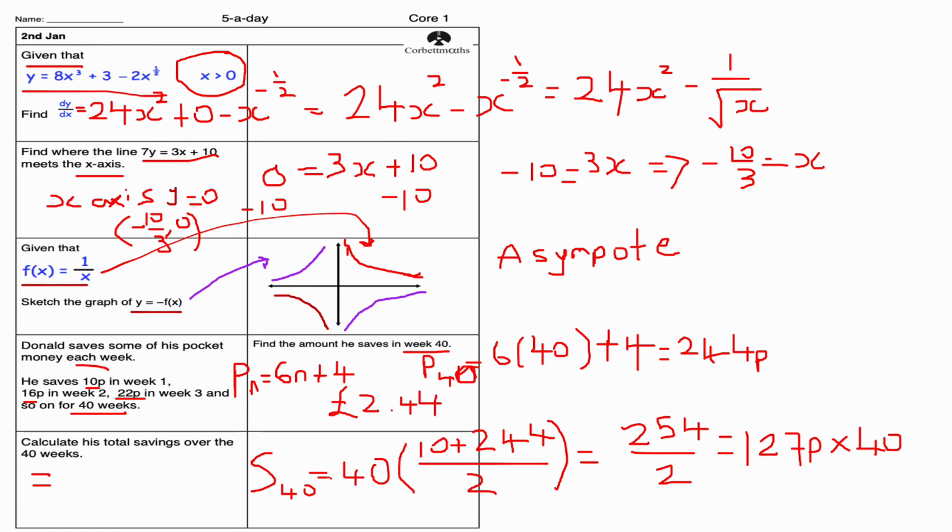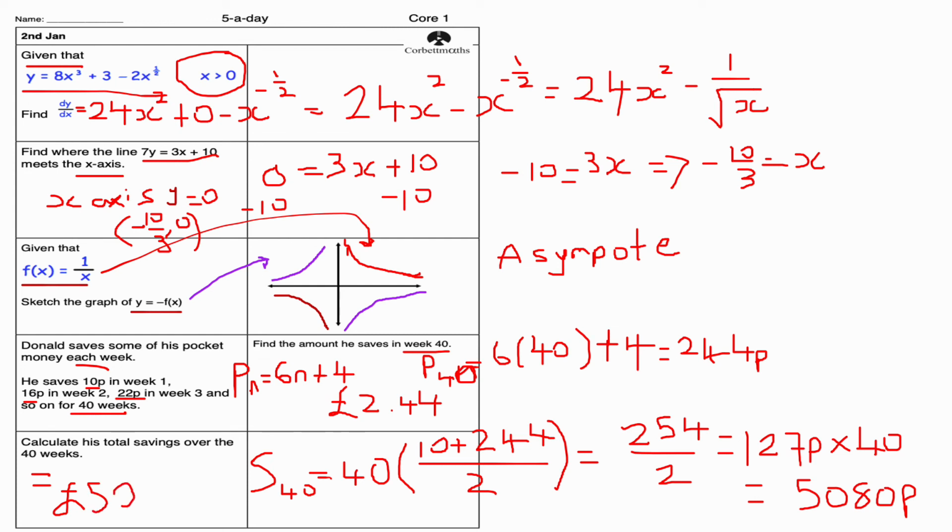So working this out on my calculator, I'm going to have 127 multiplied by 40. The answer is in pence, so it's 5,080 pence. Converting that back into pounds and pence, you divide by 100 from pence to pounds, so it's £50 and 80 pence.